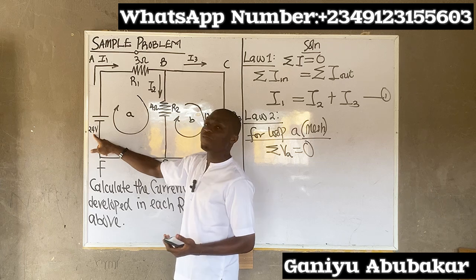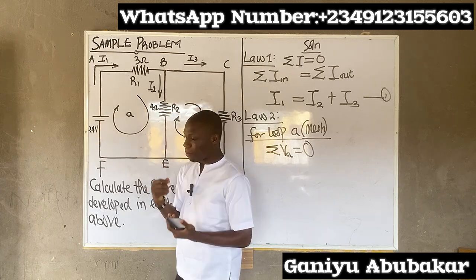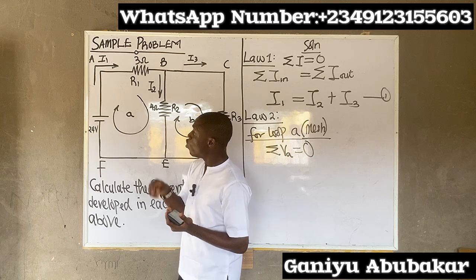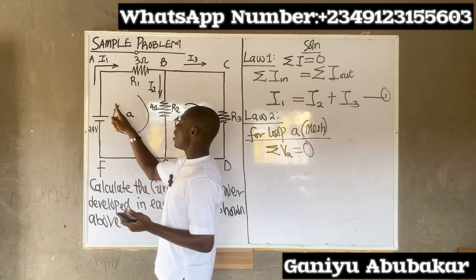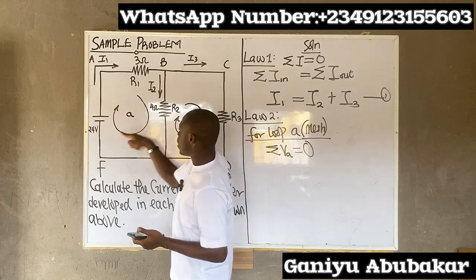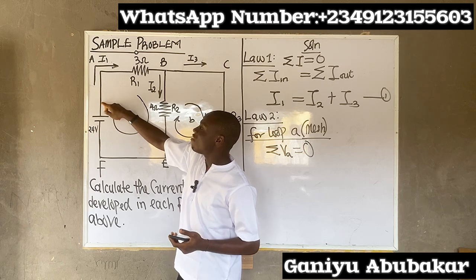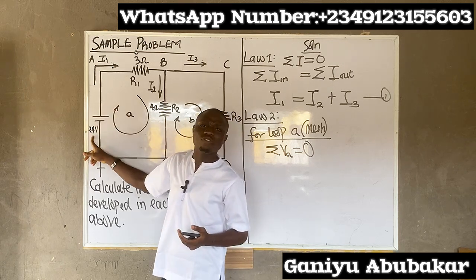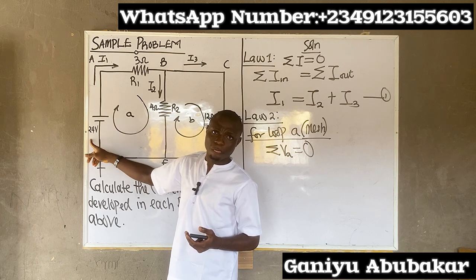I'm following the given, assumed direction, moving from lower to higher. Would this be positive 24 or negative 24?